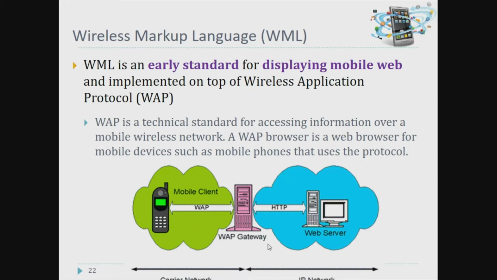Here this is the gateway. From the gateway, the mobile application accesses the web server in order to get the information using the HTTP protocol. So from the mobile to the gateway it uses WAP, and from the gateway to the web server, it uses HTTP. These are the protocols involved in the data communication and transferring process.